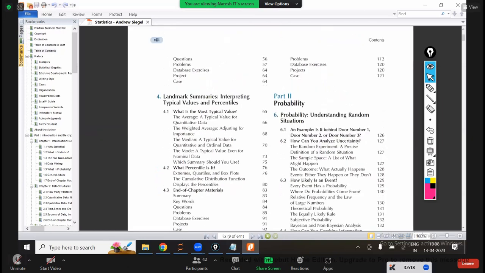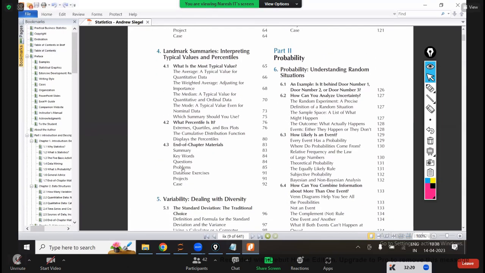Next, with respect to chapter number 4, here I have discussed what is meant by average value, median, and mode. Here, if you observe, there is a weighted average. Weighted average means the weightages are different. For example, your internal exam has 40% weightage and the external exam 60% weightage. How are we going to calculate the weighted average?